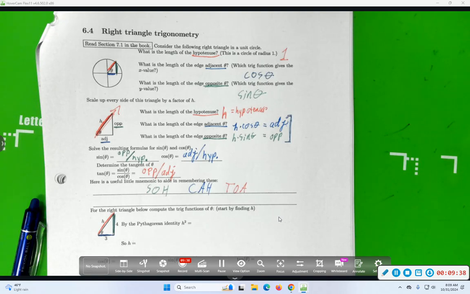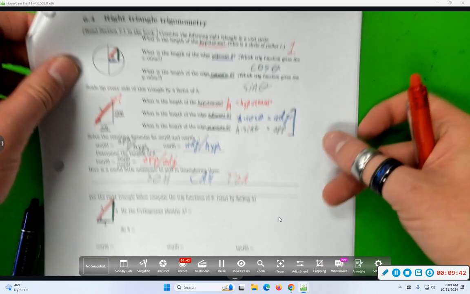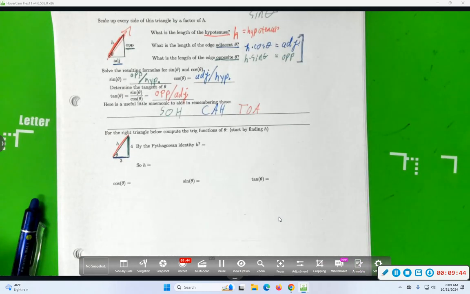Nice. Take a look at that triangle and determine for me cosine theta, sine theta, tangent theta. You might need to start by determining side length h.